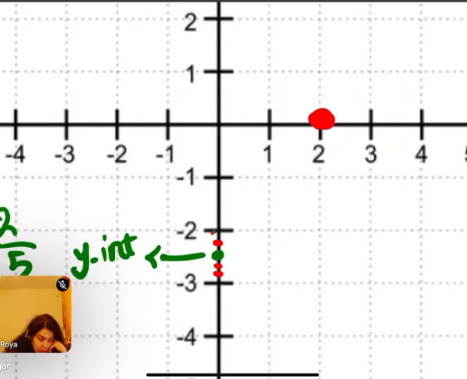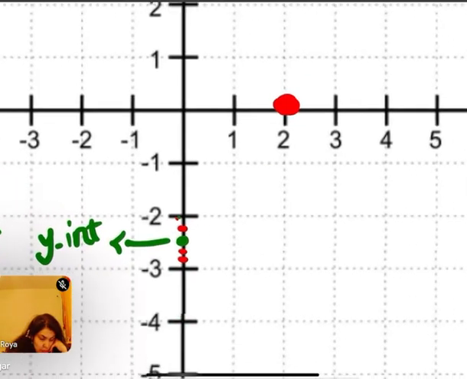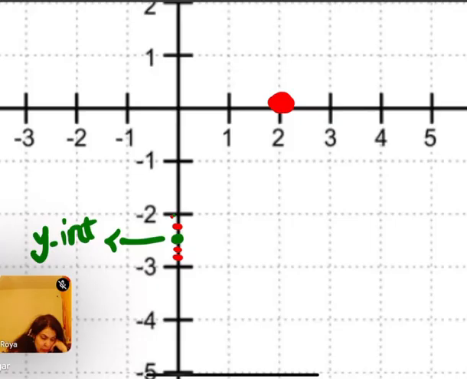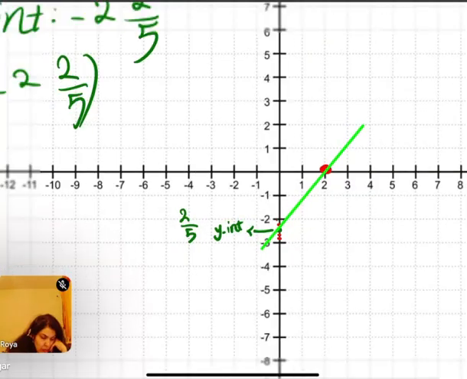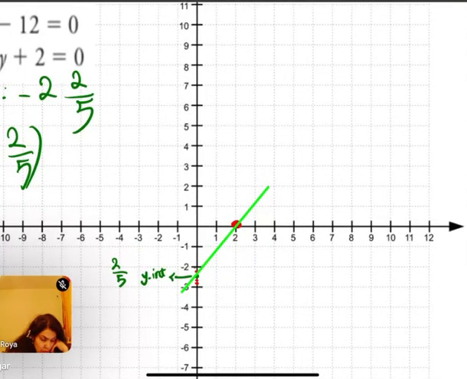We can draw a line passing through these 2 points and continue it longer.